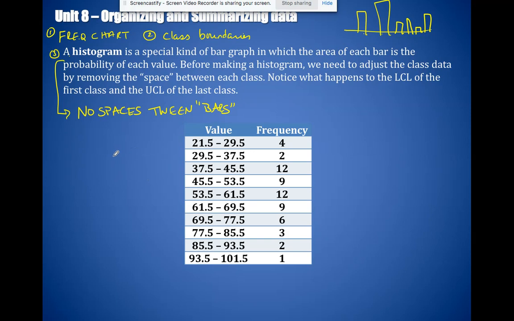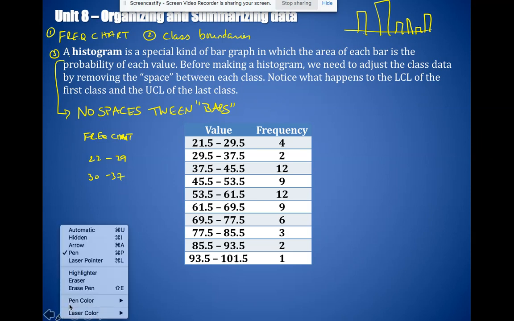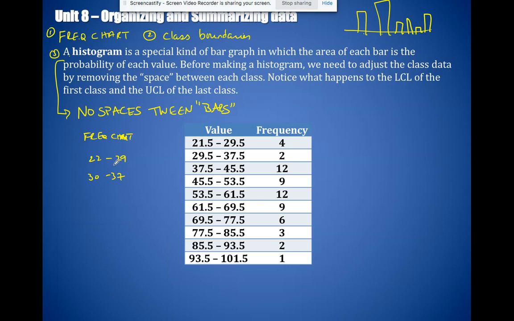So notice that in my frequency chart, I had 22 to 29 and then 30 to 37. The distance between the upper class limit of one class and the lower class limit of another class, that distance was 1.